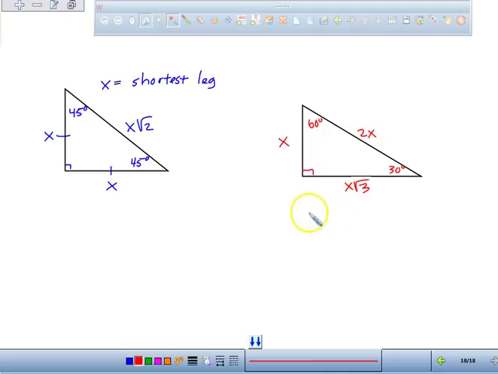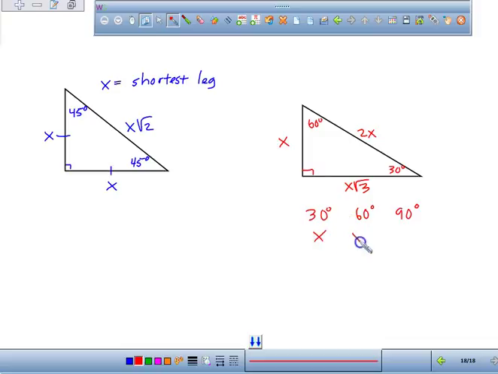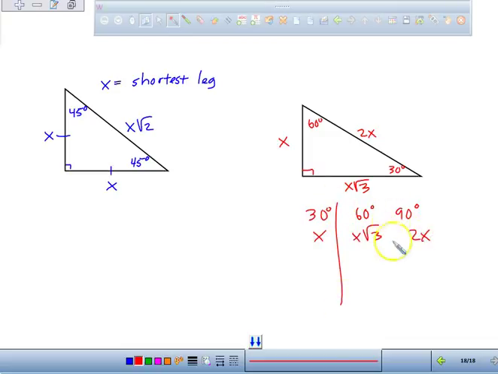So in your journal, for your 30-60-90 triangle, you should have x, x radical 3, and a 2x. And what was our example? Our example was a 2, 2 radical 3, and a 4.